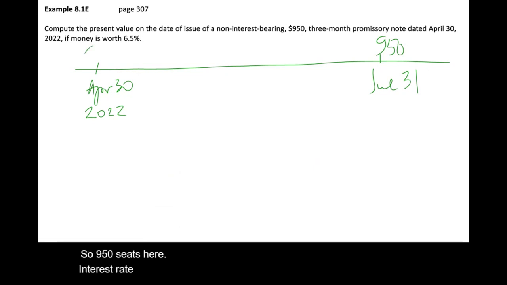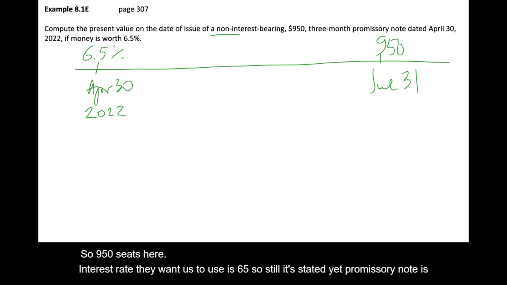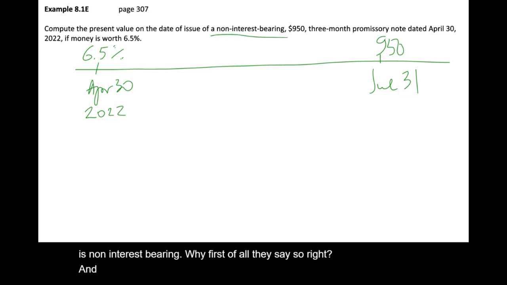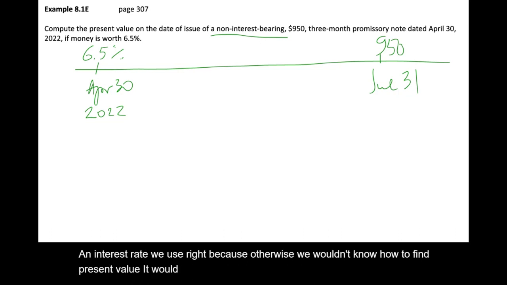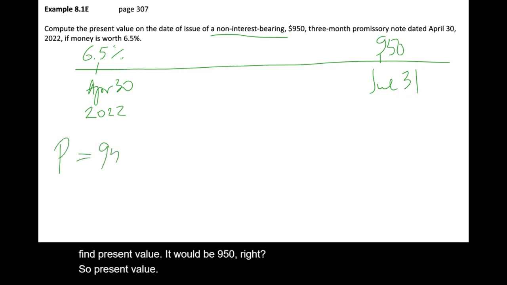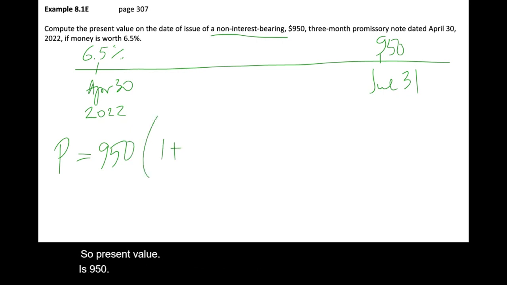Interest rate they want us to use is 6.5%. So still it's stated, yet promissory note is non-interest bearing. Why? First of all, they say so, right? And interest rate we use, right, because otherwise we wouldn't know how to find present value. It would be 950, right? So present value is 950 over 1 plus, so how many days? That's 2022.